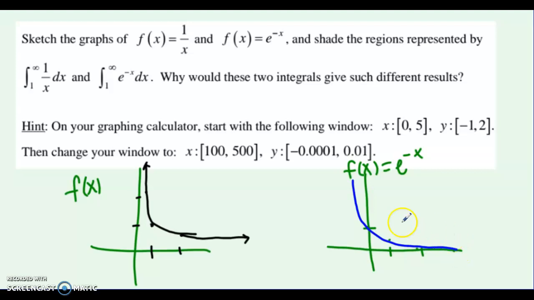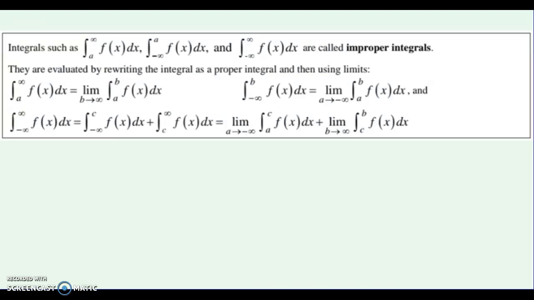And what you notice is that it pinches it off a little bit differently. So if you actually change your window to go from 0 to 5 and negative 1 to 2, and then go from 100 to 500, and change this to a really small y value, you can really see what's going on there.